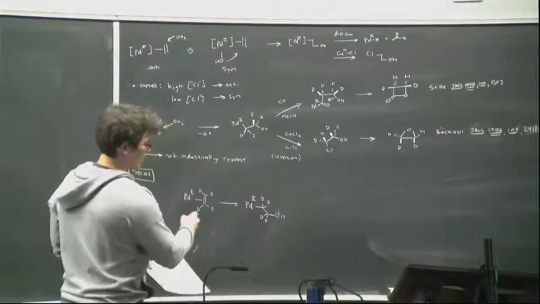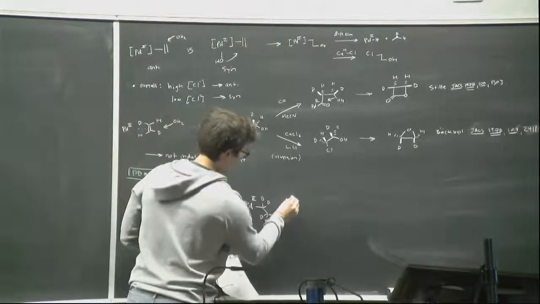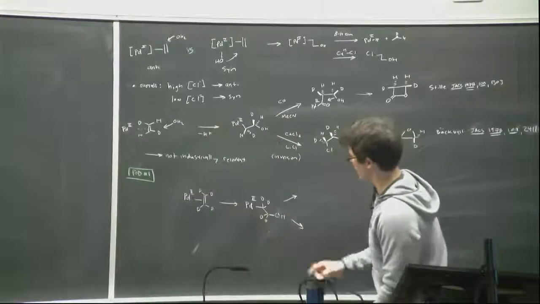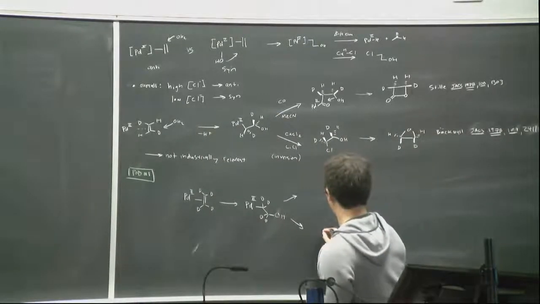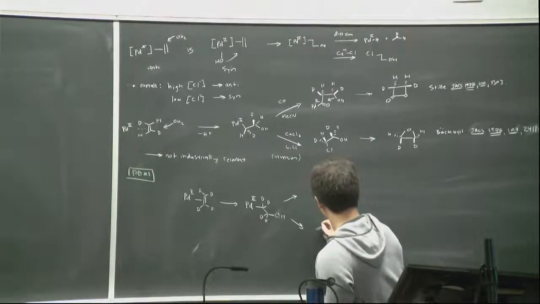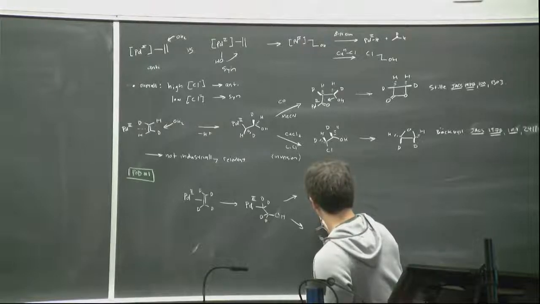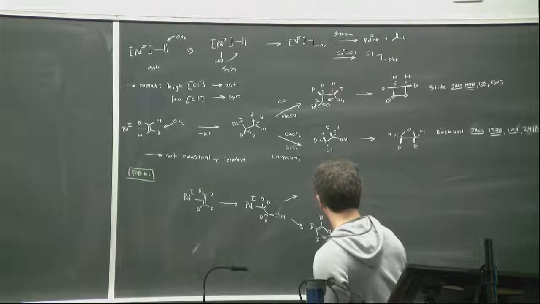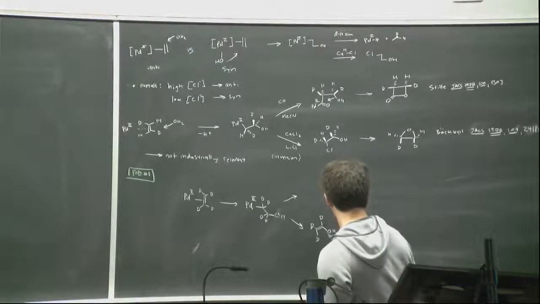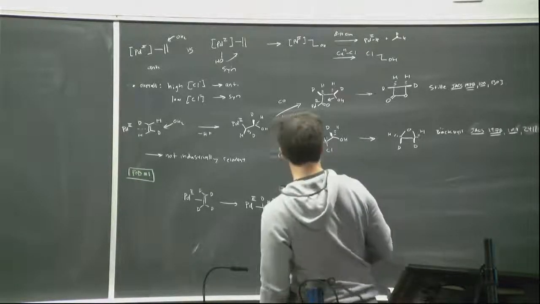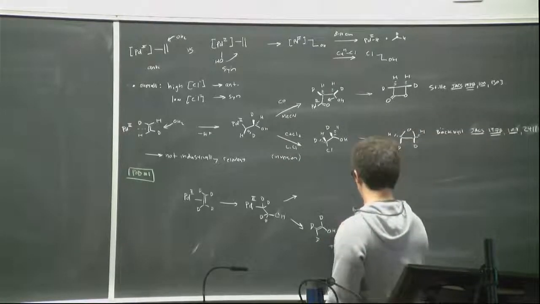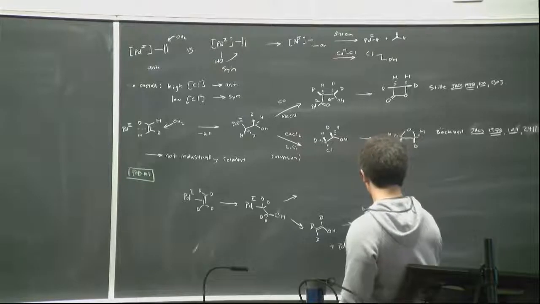Okay, so you have this key intermediate, and from here, let's just say there are two possible pathways. One is that you could beta-hydride eliminate to make an enol, which would then tautomerize to form the ketone.